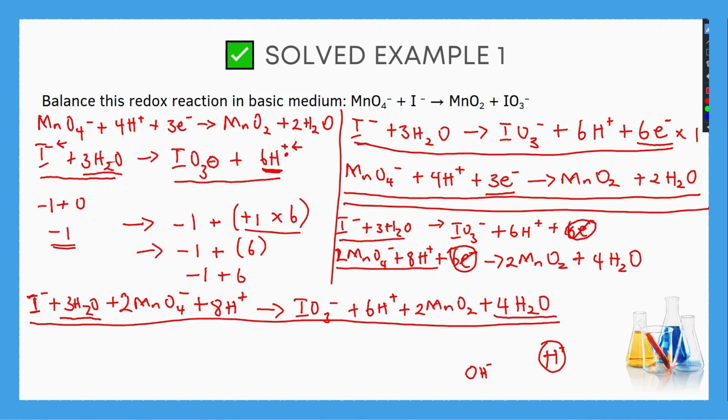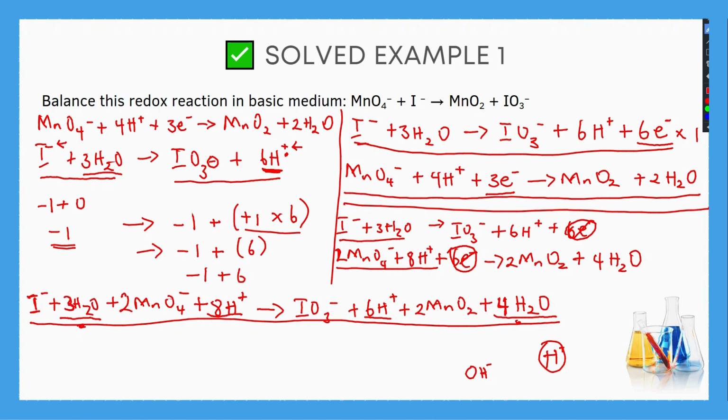And you can also see we have 8 hydrogen ions on the left hand side and 6 hydrogen ions on the other side. So if we do a little mathematics, we take 3 from 4, it becomes 4 molecules of water minus 3 molecules of water.